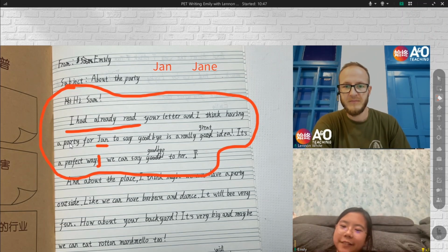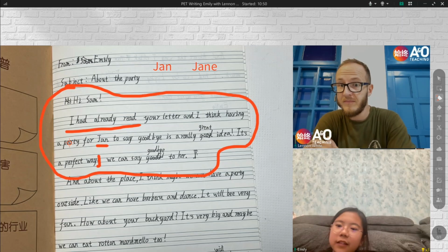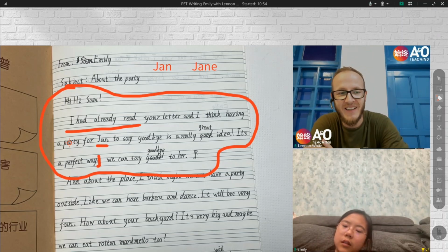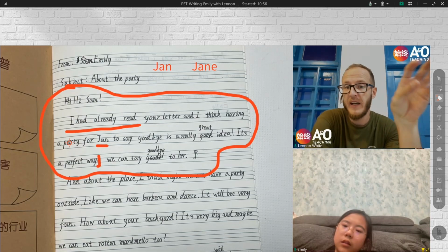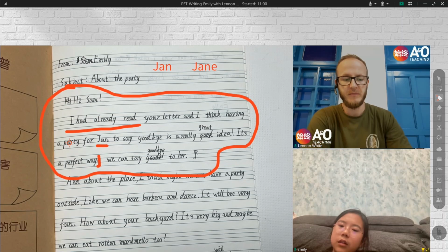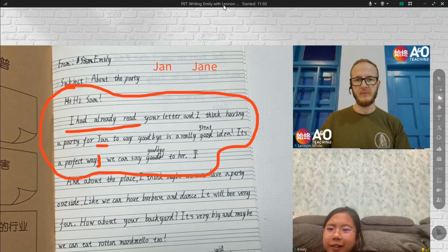What is the difference in meaning? When do we use past perfect and when do we use past simple? Do you know? No.